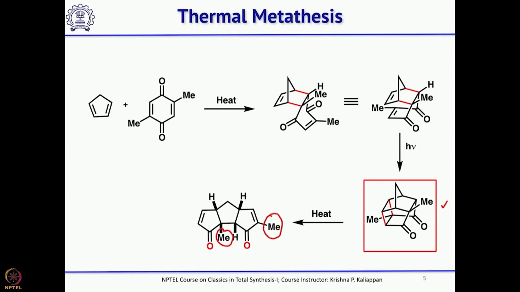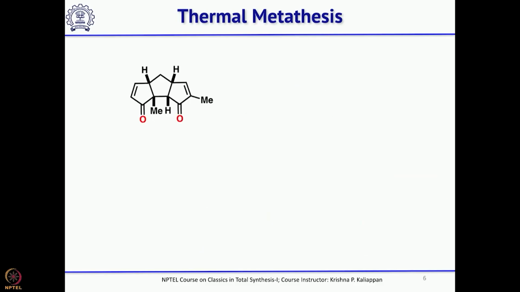One is an angular methyl group, the other one is attached to an sp2 carbon. Okay. So, how did he take this intermediate to the final compound hirsutene? You take this diene and heat it. Basically what he wanted was these 2 hydrogens should be alpha.